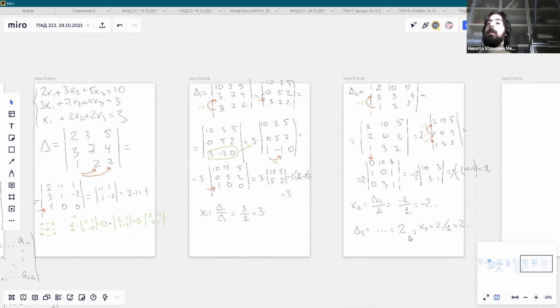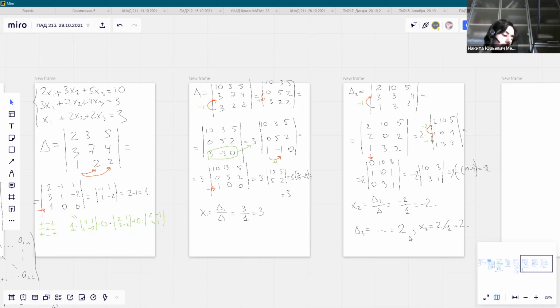So you can see that this process solves a system, but it takes time. In practice, it is much easier to solve this system using Gaussian elimination.